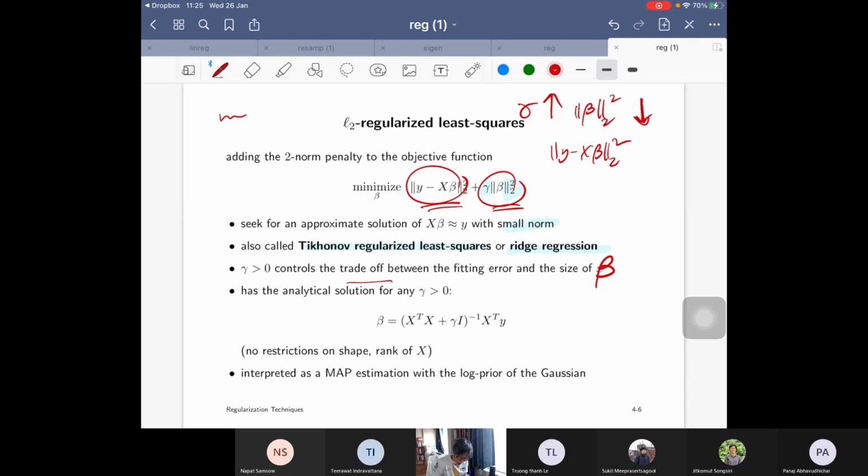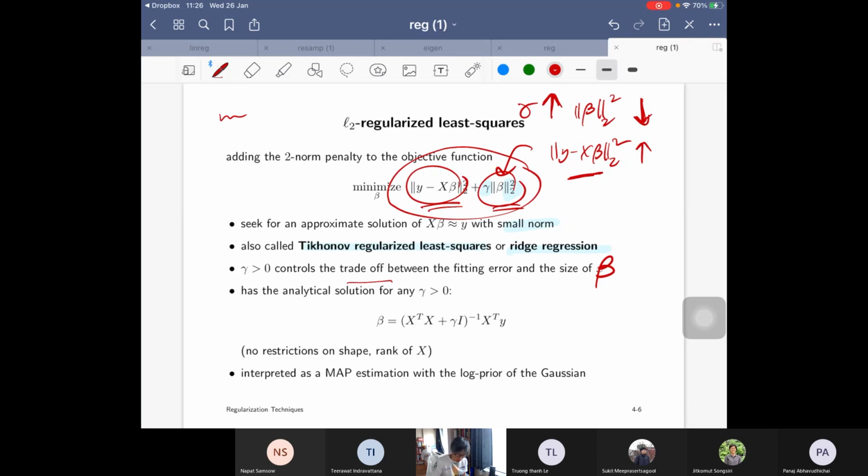So what I'm saying is everything is relative to the other. When I say gamma is big and we say the norm of beta is smaller, that's relative to the other term. So the prediction error would be bigger, because you put so much weight on the other term.